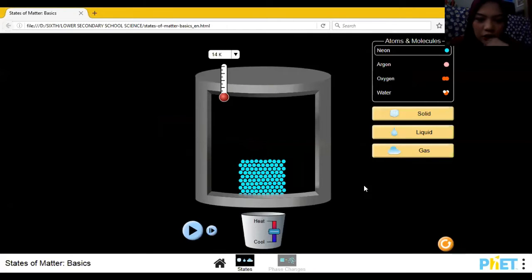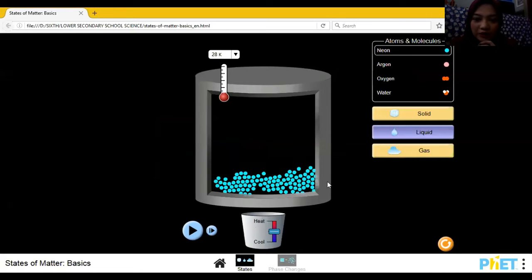Here, see, this is the solid state. You can see that each particle has a very close arrangement.